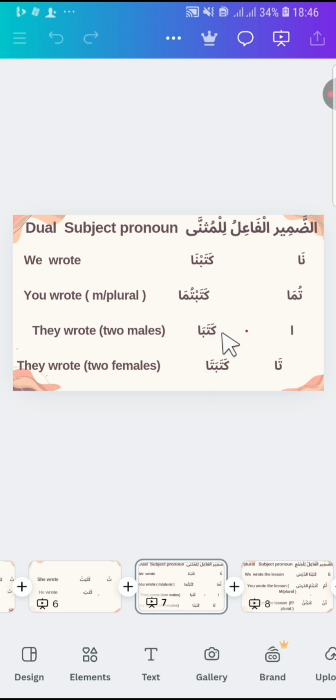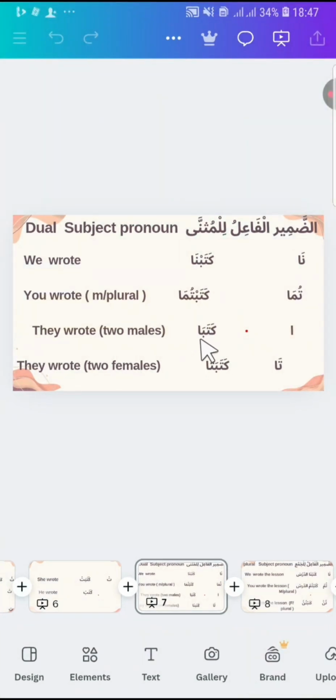Fatima and Khadija, katabata, they wrote.